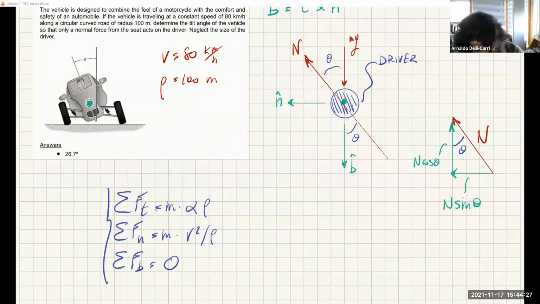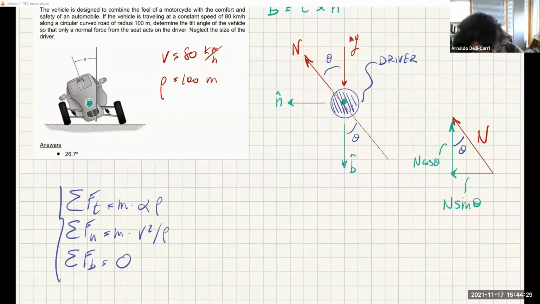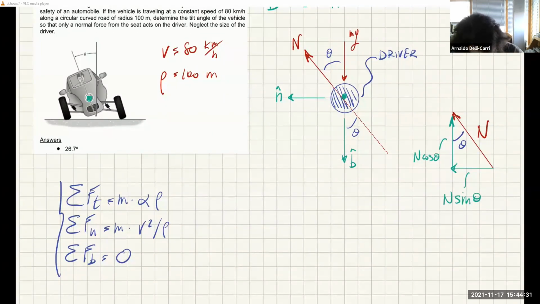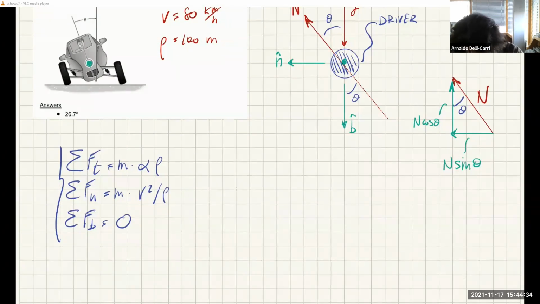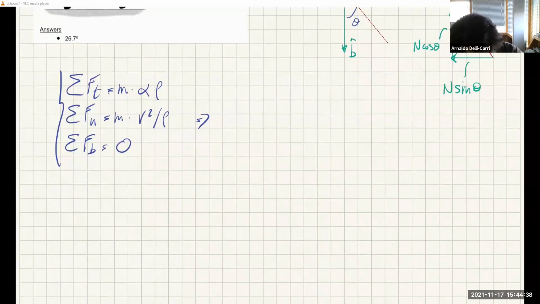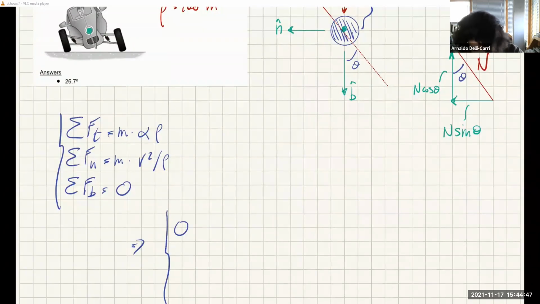So let's explicitate our equations again. One more time, we have here: no force in the t direction means m times alpha rho equals zero, which means that alpha equals 0. Okay, we don't need this, but good to know.